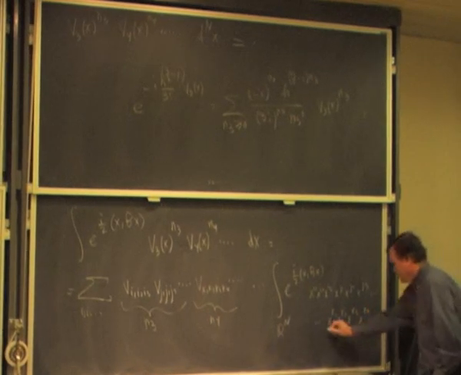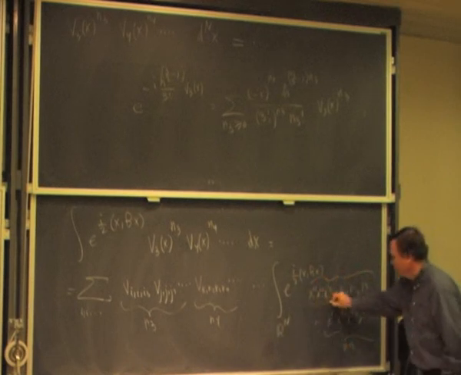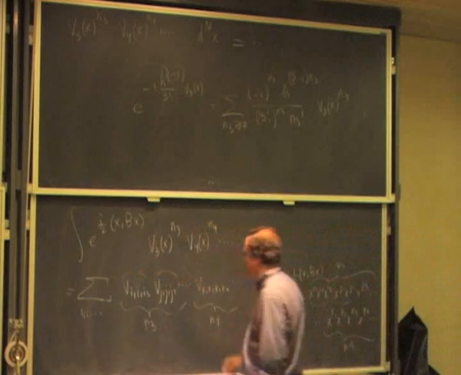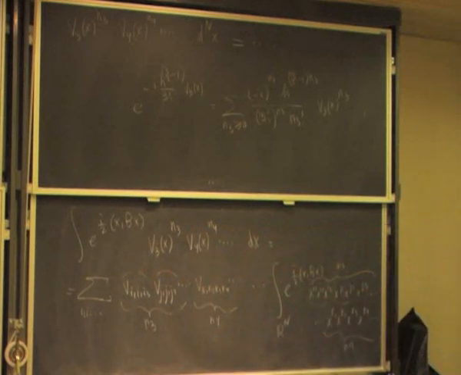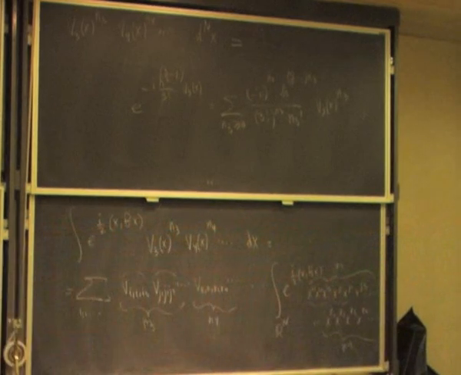So there are n4 of these, n3 of these triples. And then we want to use this formula over here.